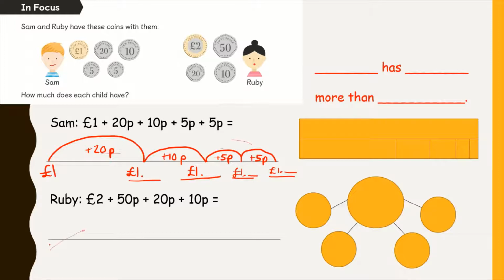With Ruby, she's starting with £2, lucky Ruby, and then adding, oh, a huge 50p. What's happened to my jump? Adding 50p, so we'd have £2 and then the pennies on that side. Then we're adding 20p.